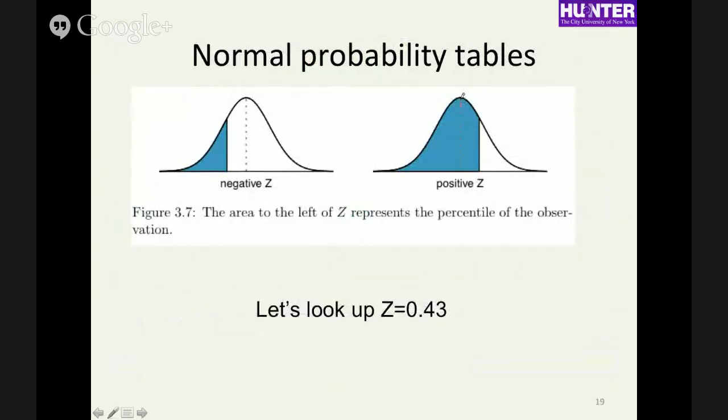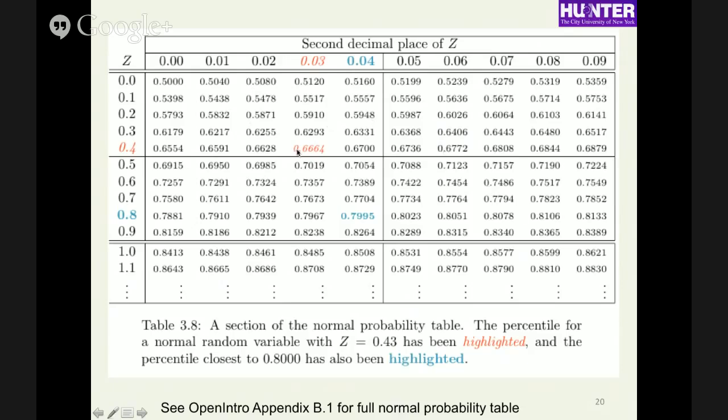Remember that the probability to the left of 0 is a half and to the right of 0 is a half because it's symmetric. And so the probability to the left of something positive has to be more than a half. So the fact that this is more than a half, 0.66, means that this is a left tail probability. That's the probability of getting z equals 0.43 or less. So far, so good.